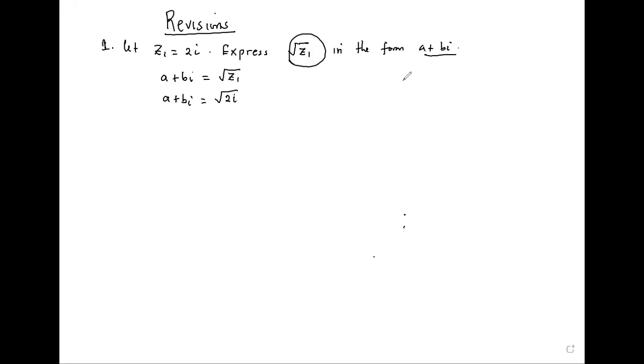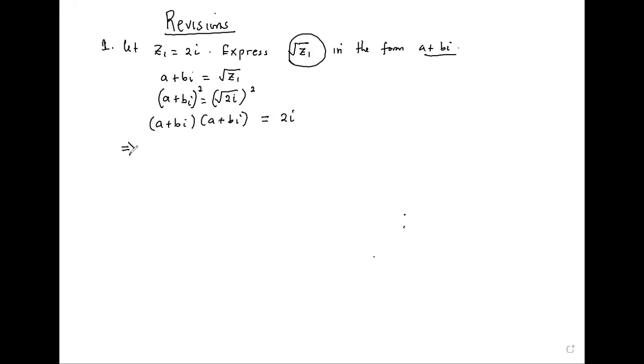So what we do is we square this side. We also square this side. So that we have a plus bi multiplied by a plus bi equal to 2i. Like that. So we do the expansion.